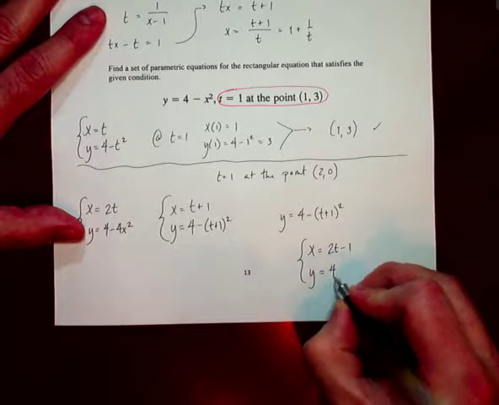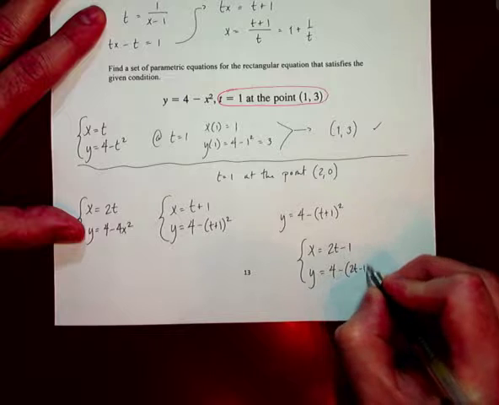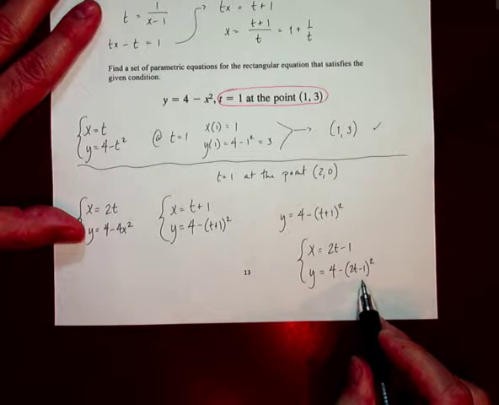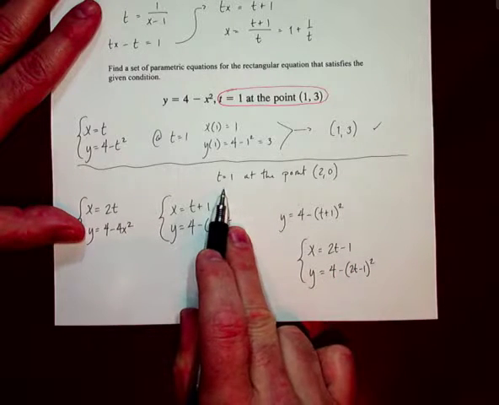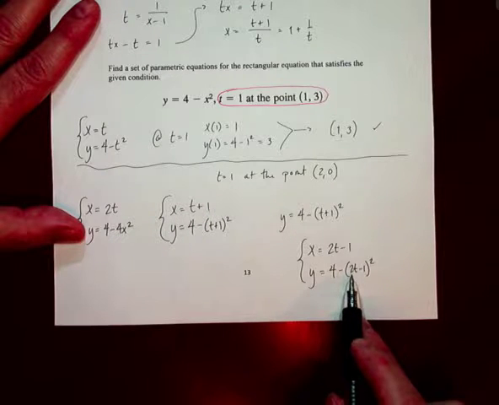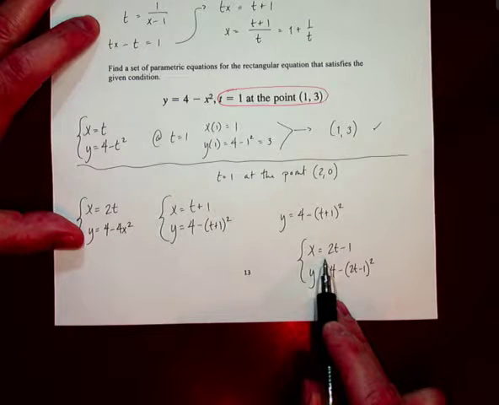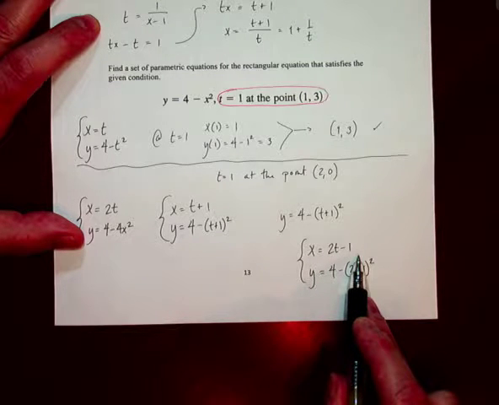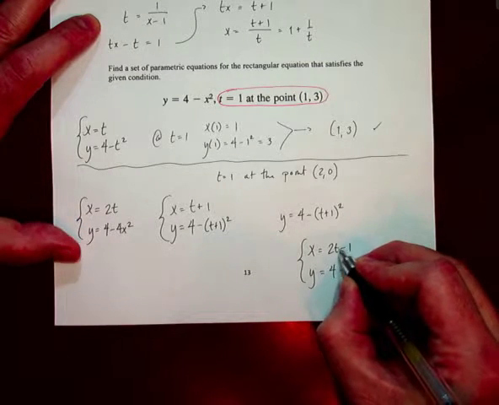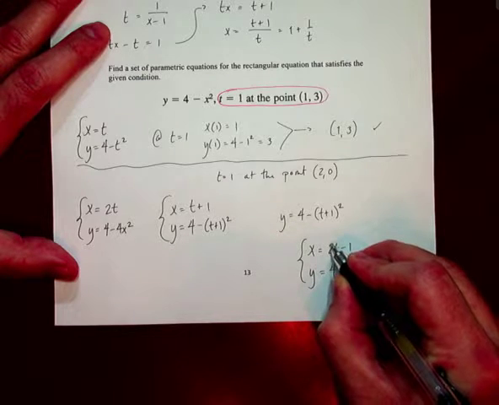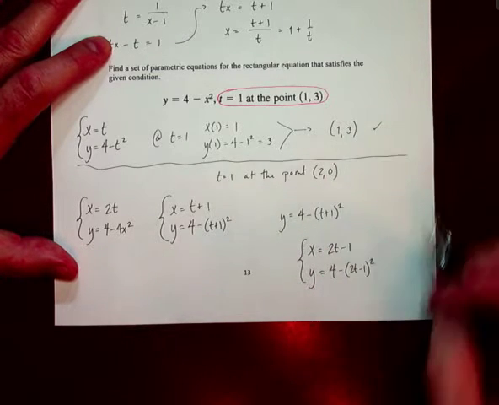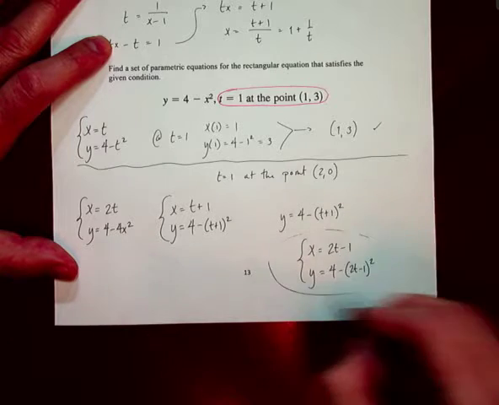So, 4 minus (2t minus 1) squared. And if you plug in t is equal to 1, you're going to get 2 minus 2 minus 1, that's going to be, oh, sorry, I'm looking for 2. Sorry, I was still thinking about the 1, 3. So this actually would be another way to do the 1, 3.